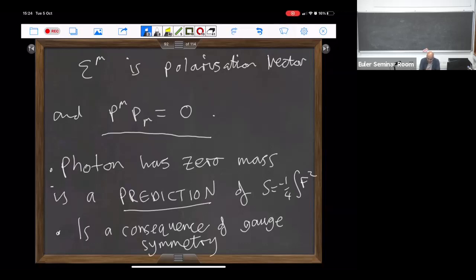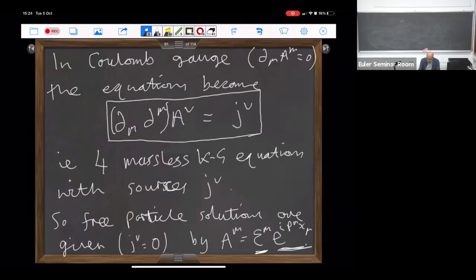Now, the coefficient of each of these terms is in fact where the polarization of the photon is taken into account.